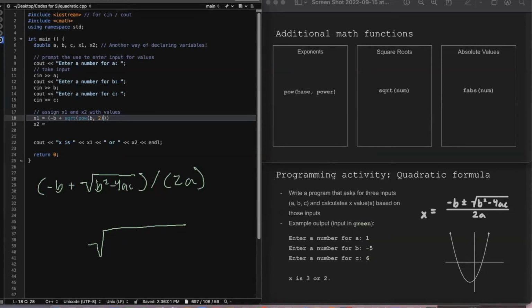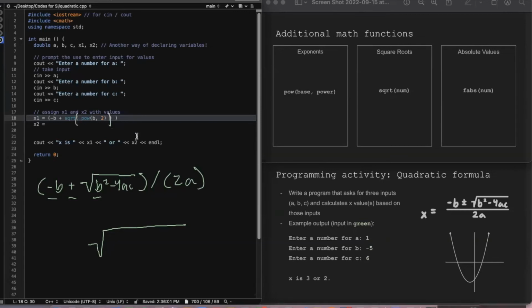All right, very nice. So now we have this part's done, this part's done. We have our square root symbol. We just did b to the power of 2. So now I'm going to just separate this so we can see a little bit more what's going with what. We're still inside of our square root parentheses, so we're still under the root.